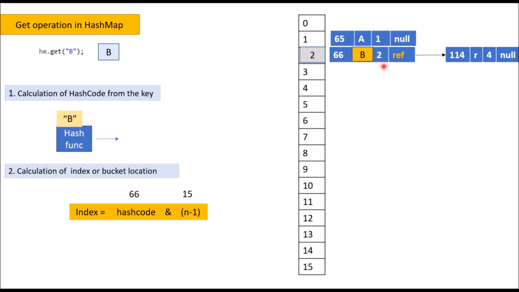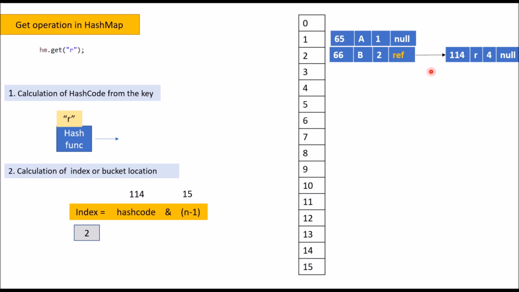Similarly, if you want to fetch r value, we can write hm.getR. Again repeat the step, pass the key to the function to calculate the hash code, pass the hash code to calculate the index.